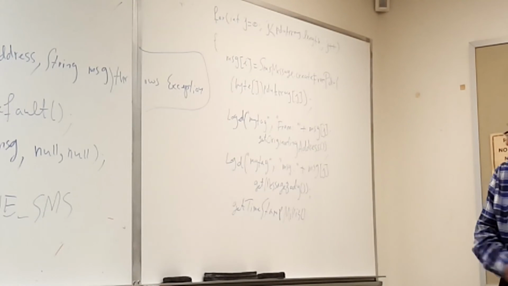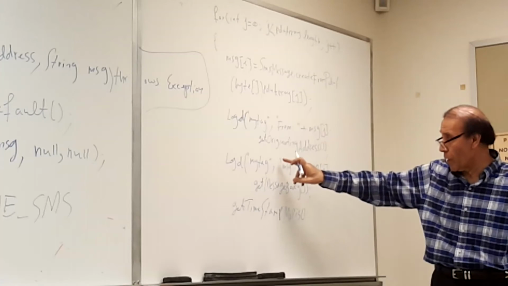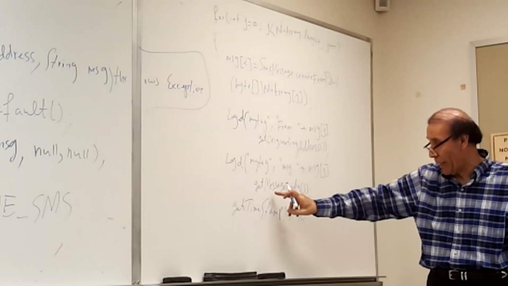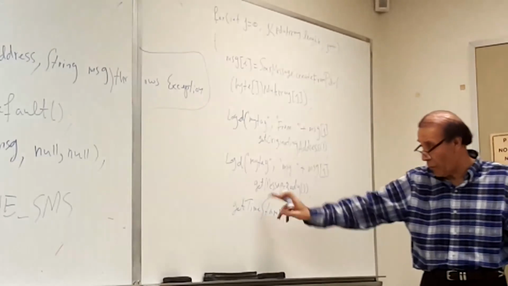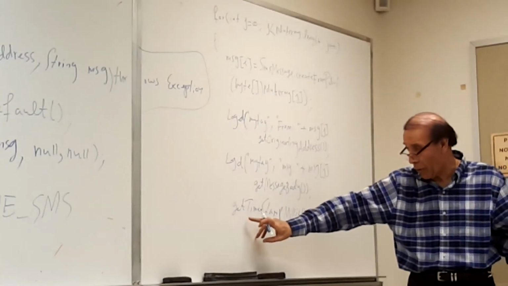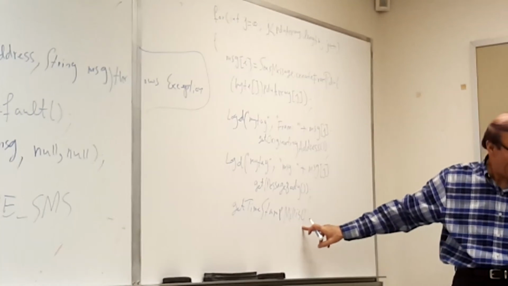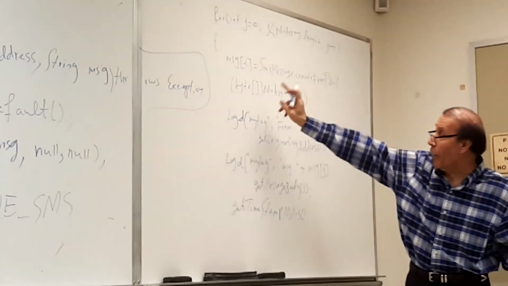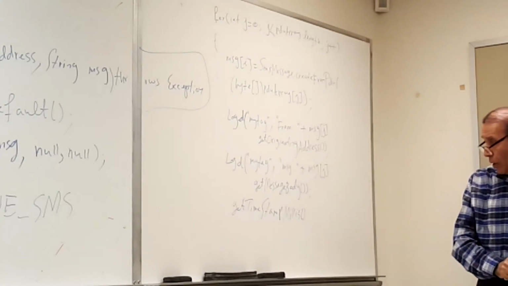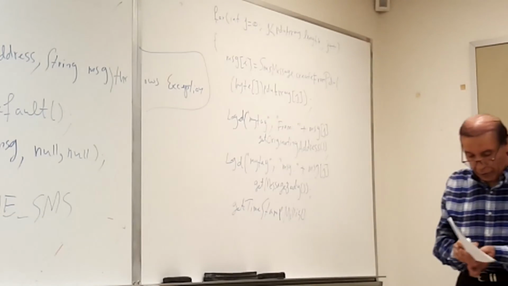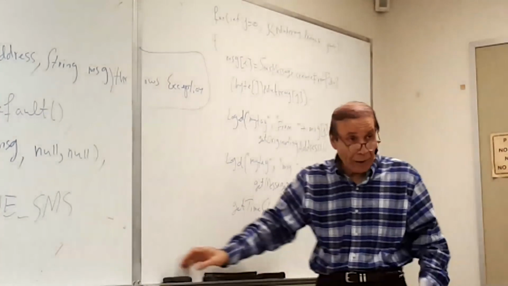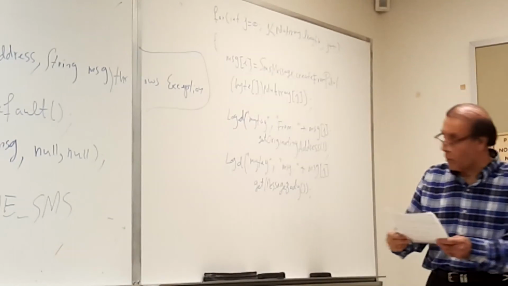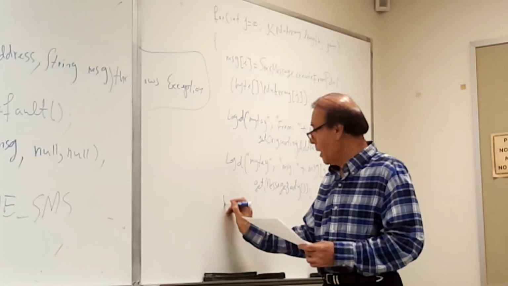Okay, so I showed you how to use get originating address. I showed you how to display get message body, and also if you want in the same format, you're going to use a method get timestamp millis, which is one of the methods of the SMS message to show you the time, in milliseconds. But I'm not going to do it here because we don't need that. Okay, and let's.